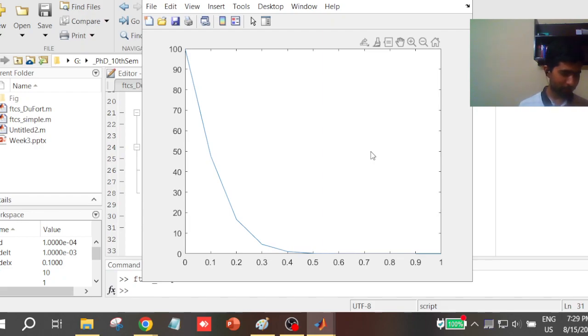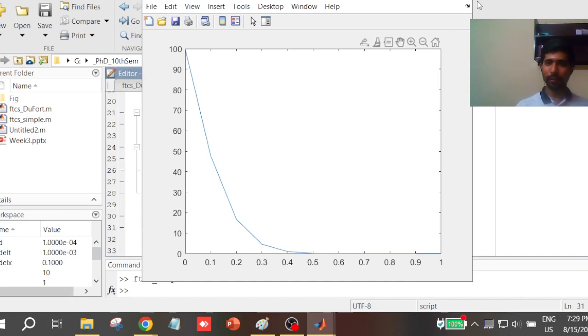Error, transient, error. It might be error, but I am solving a transient equation and have stopped at t is equal to 10. I have forcefully stopped at t is equal to 10.